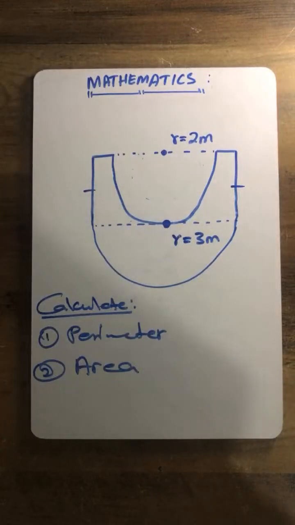Let's see. Larissa got the perimeter 3.14, area being 7 point something. So I tried. Okay, so this one is difficult. Honestly, I don't believe I can get this one right.